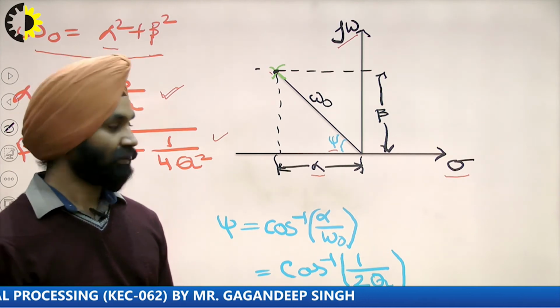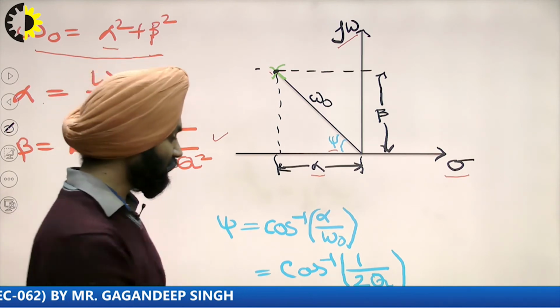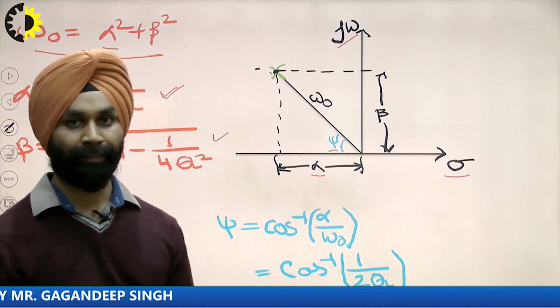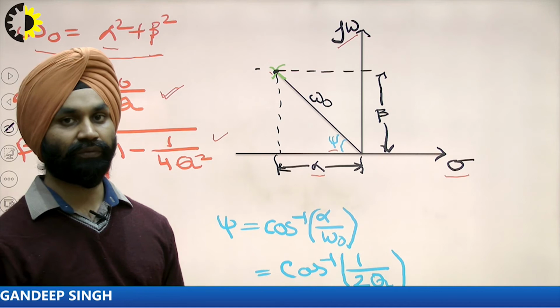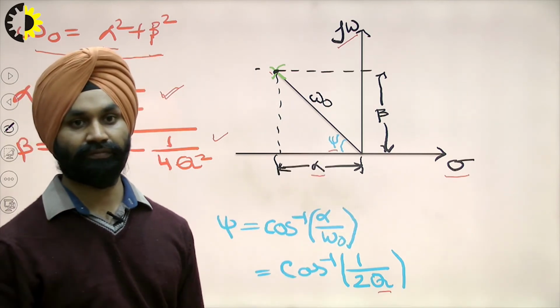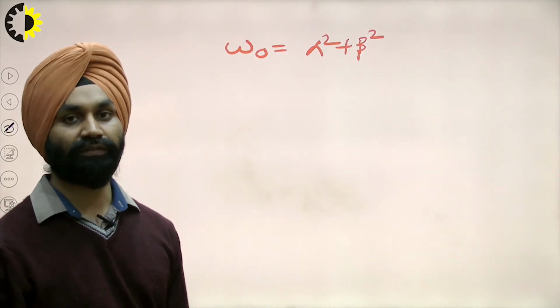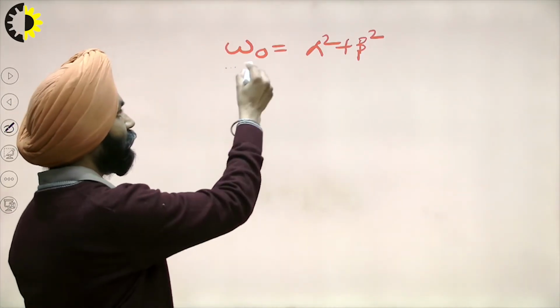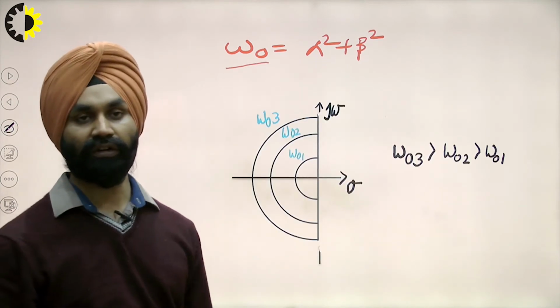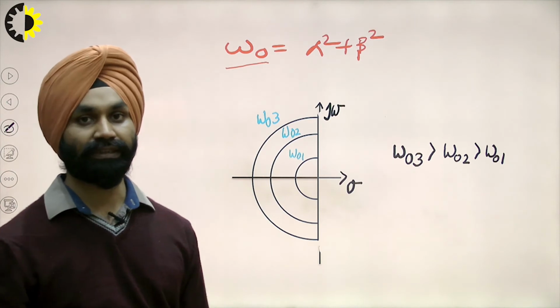That means this psi angle will change with the change in q. So, for different q values we will have different angles. Again, we have the equation of omega naught. If we draw it on the j omega plane, we have seen that it will be a circle.